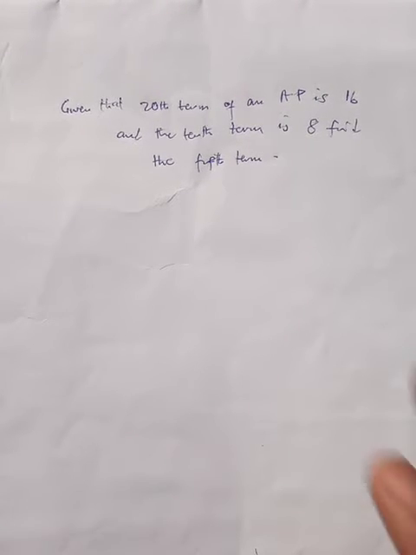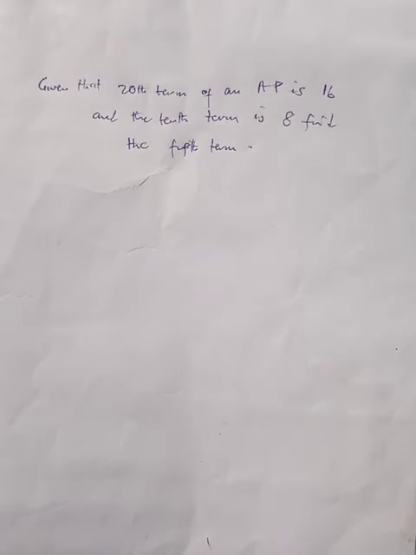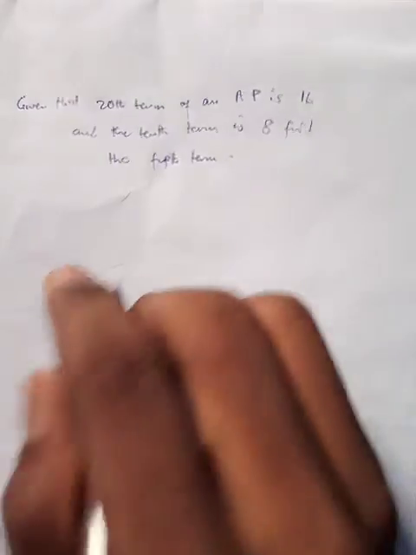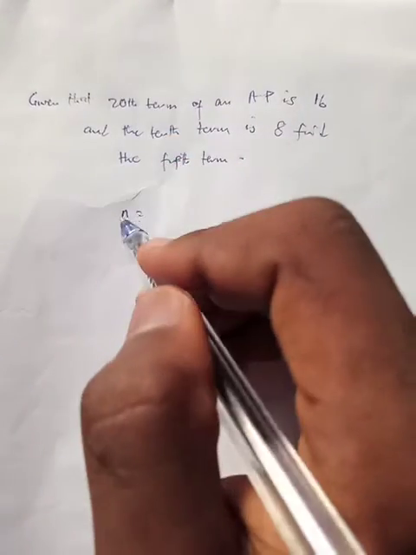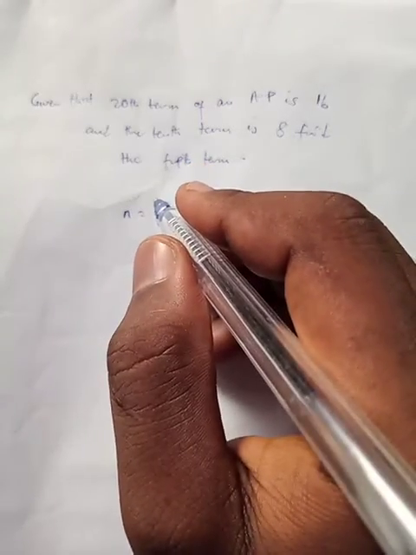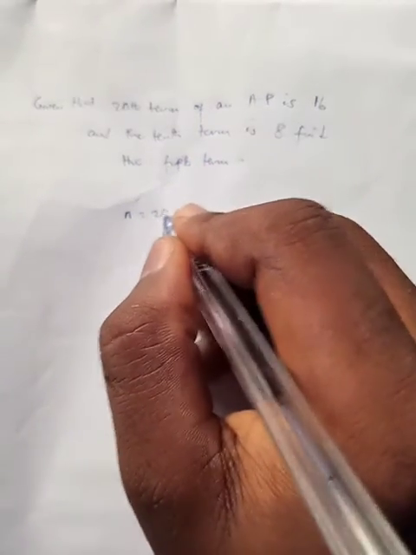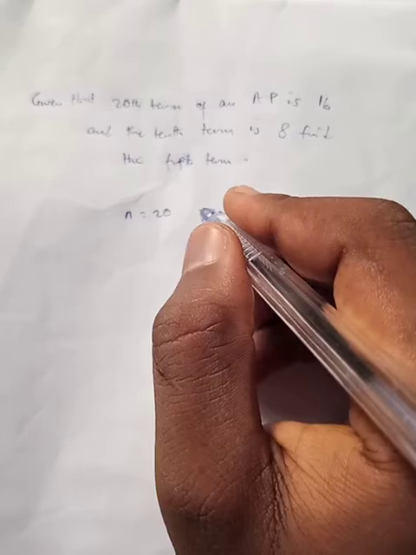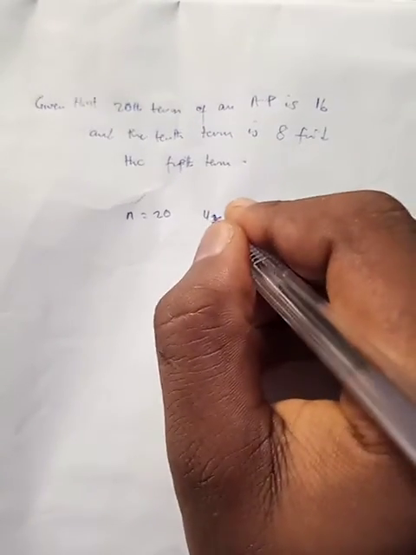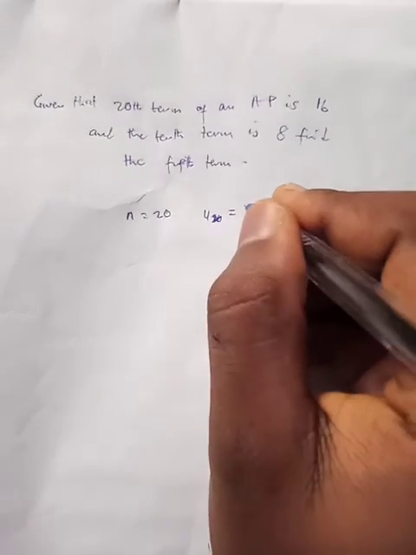That one too, how do we solve it? How do we solve this kind of question? Good. So we say when n is equal to 20, that's the solution that I'm giving out. We denote n as the position of the term. So when n is equal to 20, of course our u of 20, that is the term itself, will be 16.